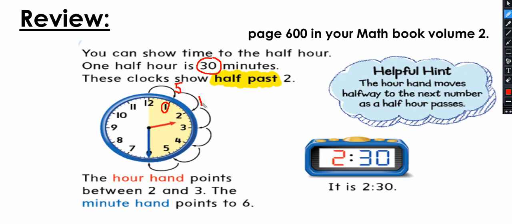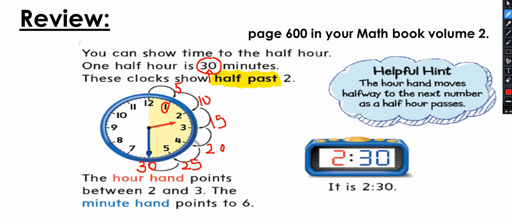Here it will be 10, 15, 20, 25, and when it points to 6, it will be 30. 30 minutes, which means half hour.